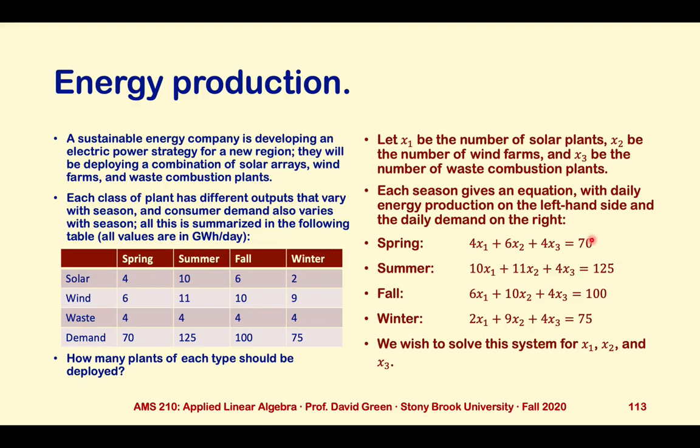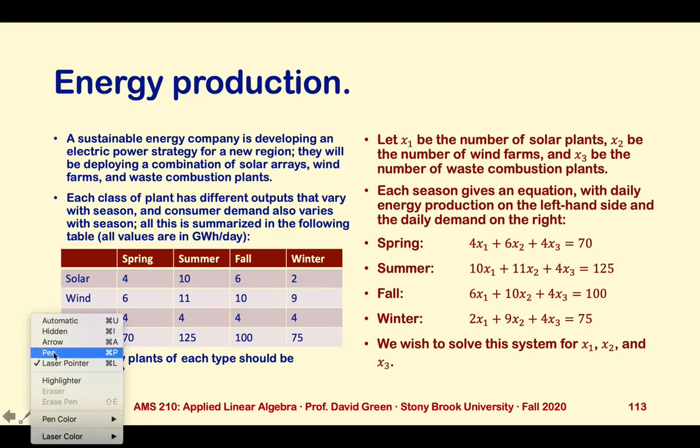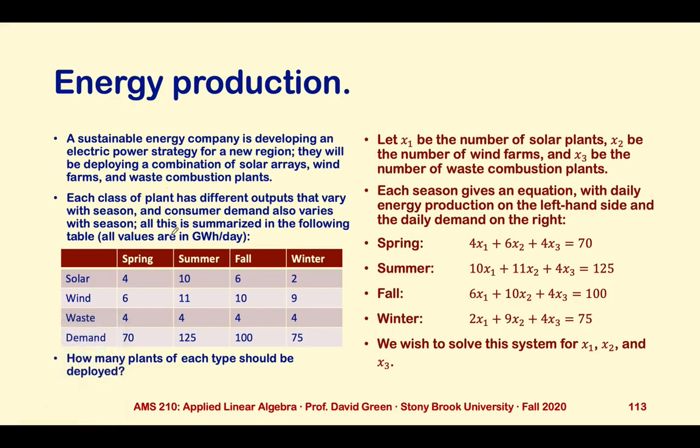The demand is easy. It's just read off from the bottom row. What is the total energy production? Well, it's the production per plant of each type multiplied by the number of plants of that type, all summed up. Think about this in the context of this table here.